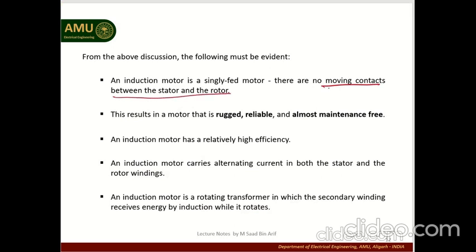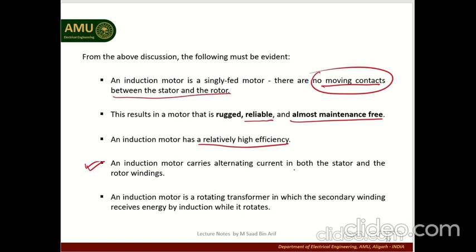Now, because of the absence of this moving contact, the reliability of the motor increases, maintenance is almost negligible, there is no wear and tear due to moving parts, and the induction motor efficiency is relatively high as the losses get reduced.